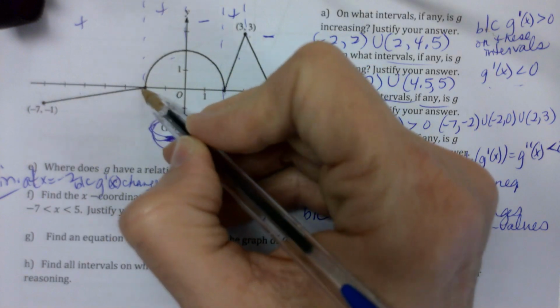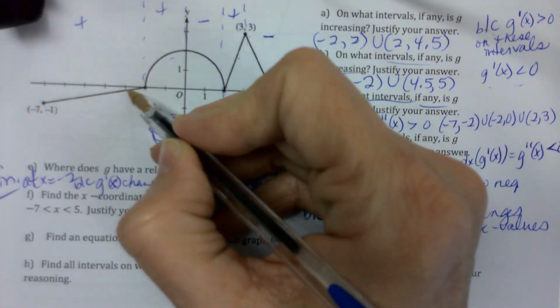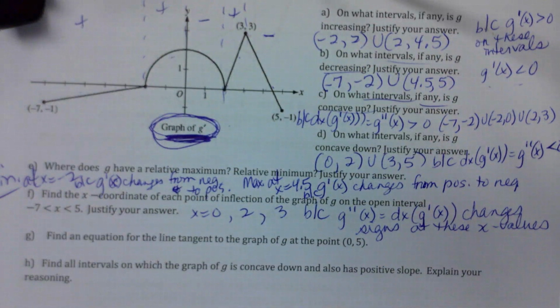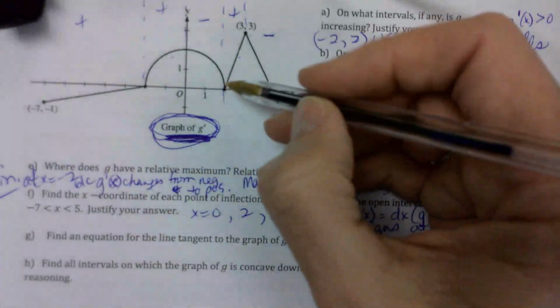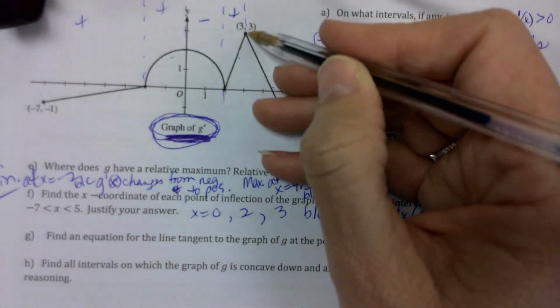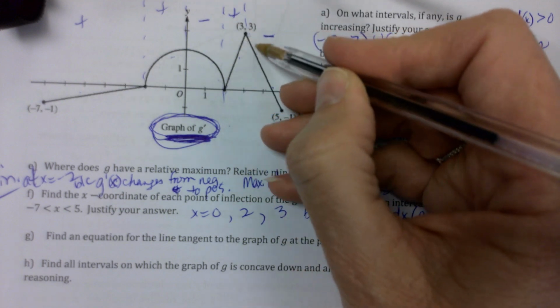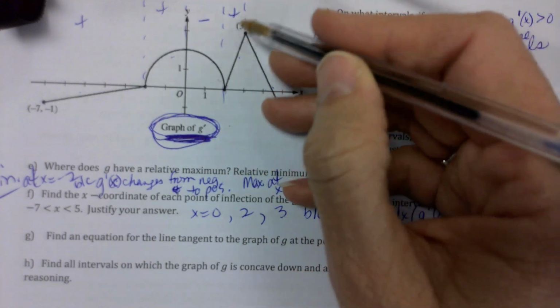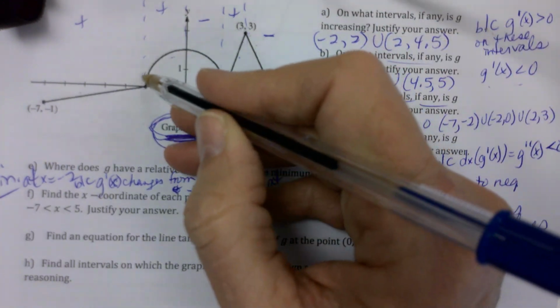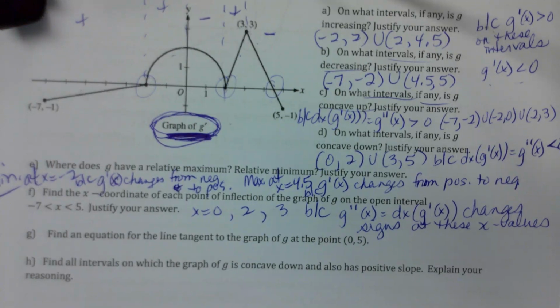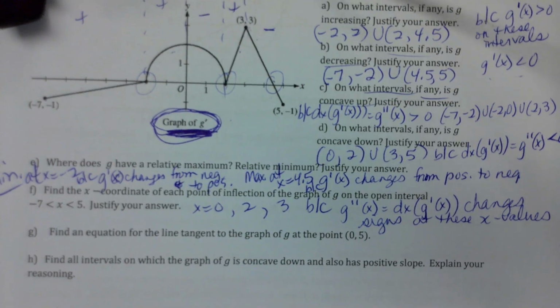Our G prime has changed from negative to positive at x equals -2. It's only when the line crosses the x-axis. Because 3 is not 1, right? Here, 3 is not 1. We have positive, positive, they're above the x-axis. 3 is not even a critical number. The only critical numbers are the zeros of the derivative, which is what we have the graph of, right?